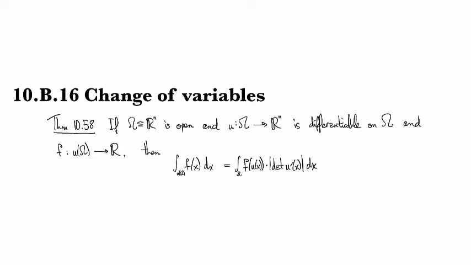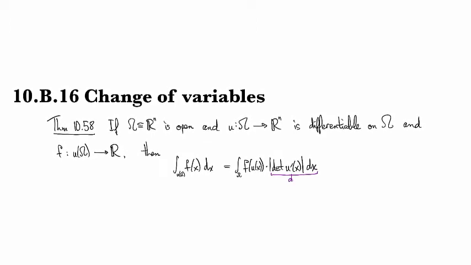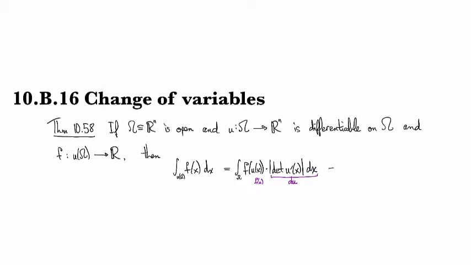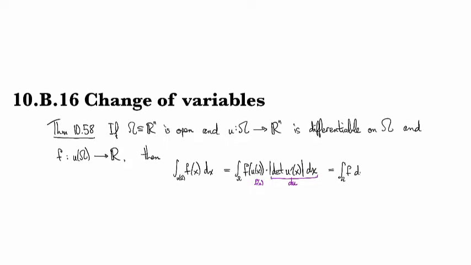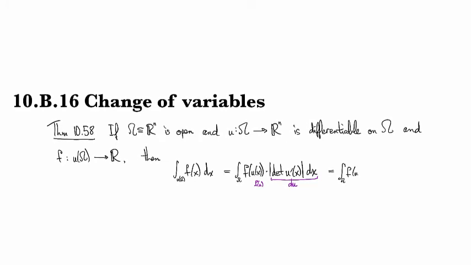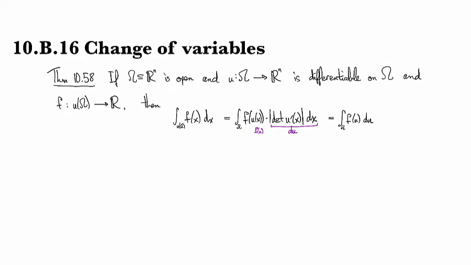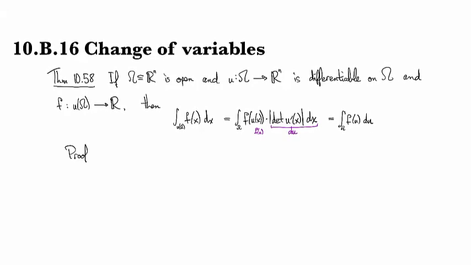And so you can think of this part here as being du. And so if this is f of u, then we can rewrite this according to the standard mnemonic as the integral of f du, or maybe f of u du. There we go. Okay, so how do we prove this?